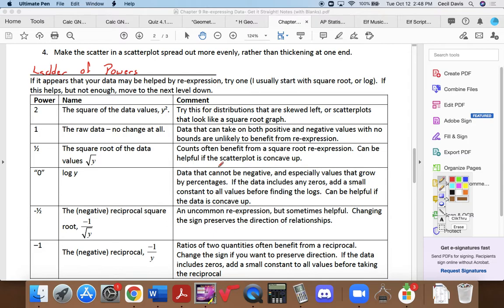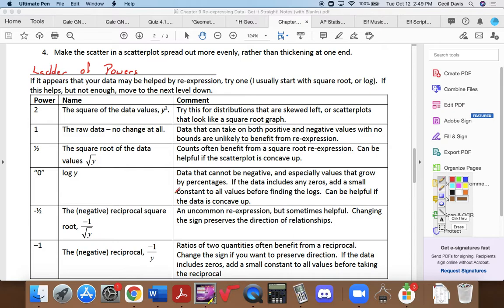A lot of times taking the square root of the counts will help. What is the counts? You're counting the frequency. Yeah, frequency, same thing as count. So like the one on the front about the number of CUs? Yep. And notice because it's counts or frequency, it can't be negative, so you're okay taking the square root.